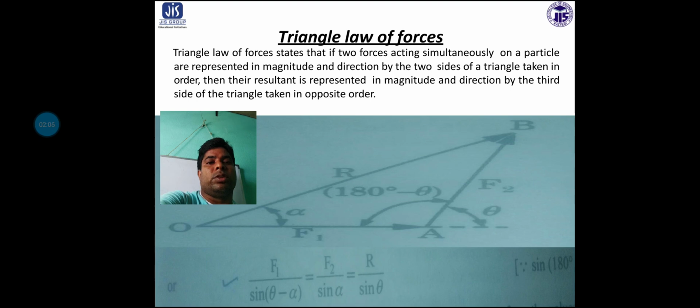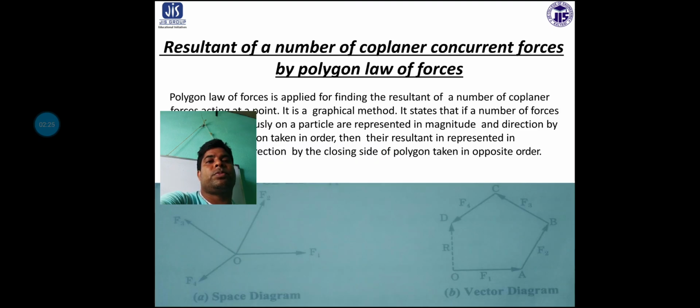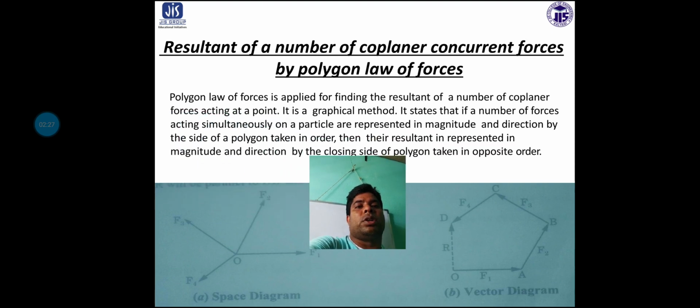So F1 by sine (theta minus alpha), as per the figure that I drew on the screen, is equal to F2 by sine alpha, which is also equal to R by sine theta. Now, the resultant forces.